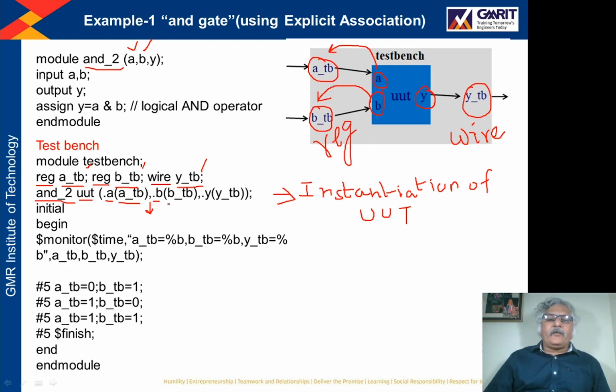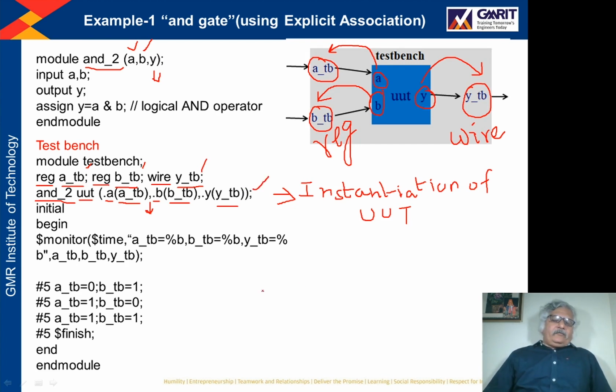So dot B within bracket B_tb, comma, dot Y. Y is also one port of my unit under test, and it is instantiated with the Y_tb port of the test bench. So I have written dot Y within bracket Y_tb, bracket close, then terminate this line by semicolon.